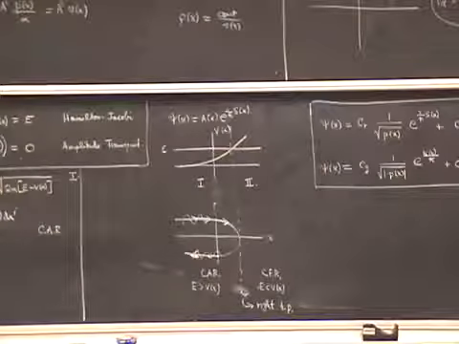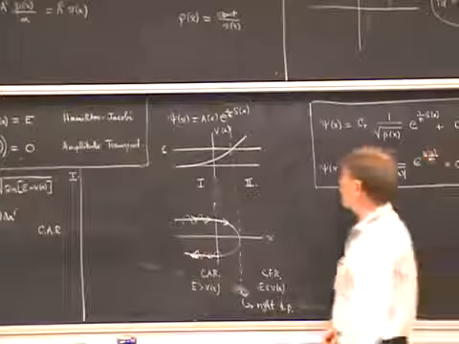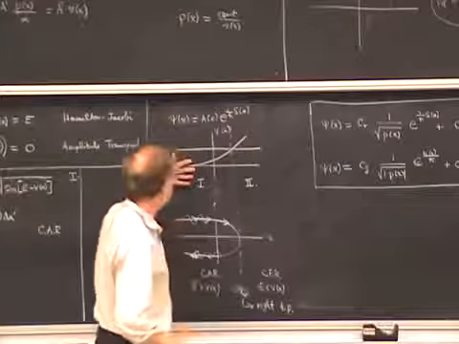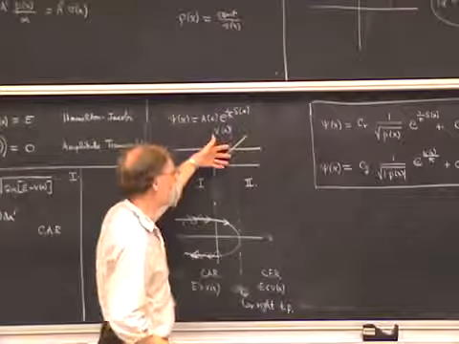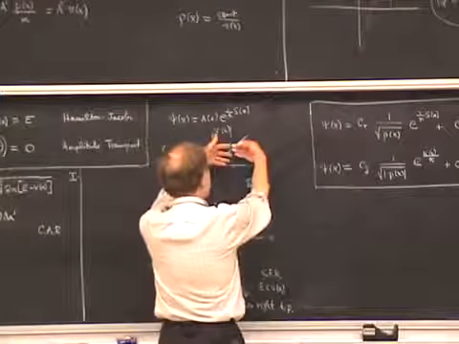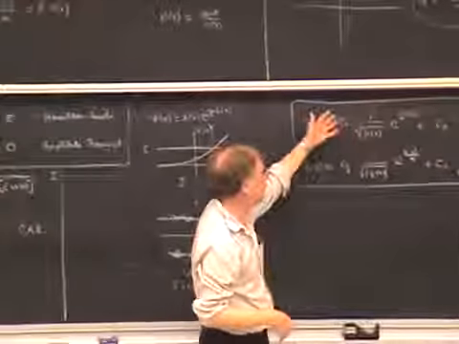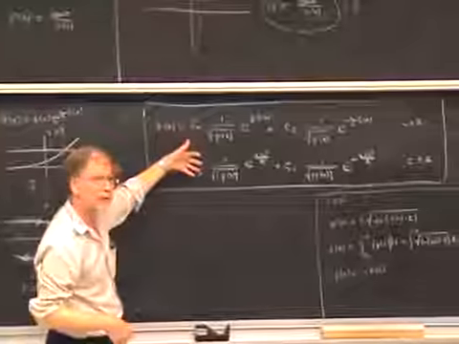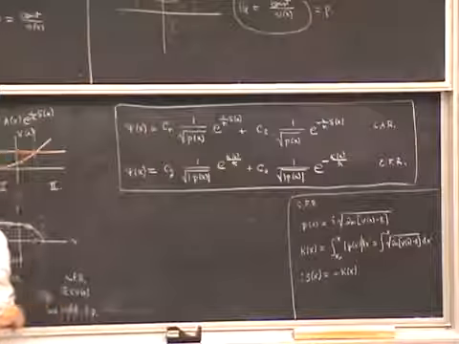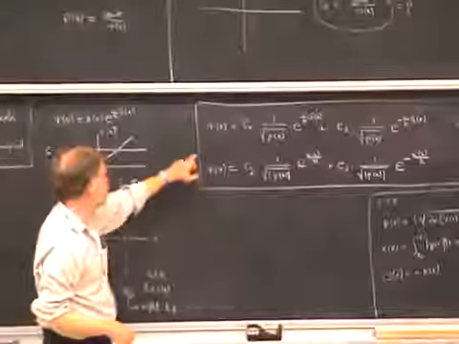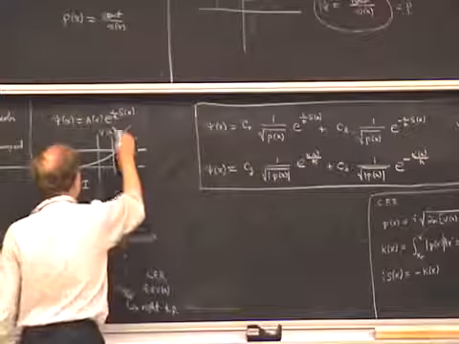Now, it's not possible to extend the classically allowed solution right up to the turning point, and the classically forbidden solution right up to the turning point, and then match them there in order to get the connection rules connecting the coefficients. The reason is that neither one of these solutions is valid in the immediate neighborhood of the turning point.